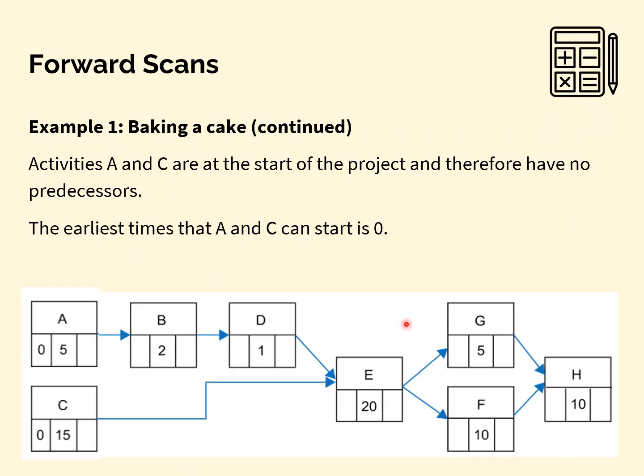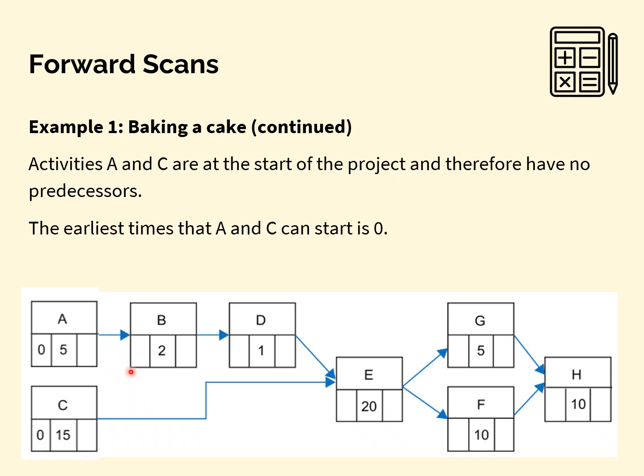So let's go back to our baking a cake example from last lesson. So activities A and C have no predecessors. They are at the start of our project. So their earliest start time has to be 0, and we just fill that in. That's easy enough.